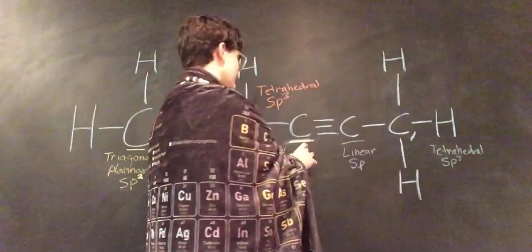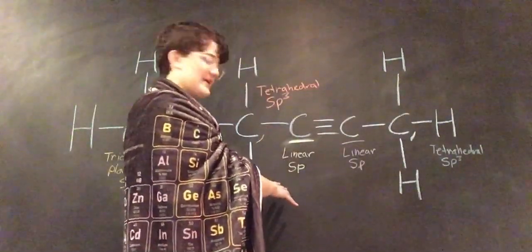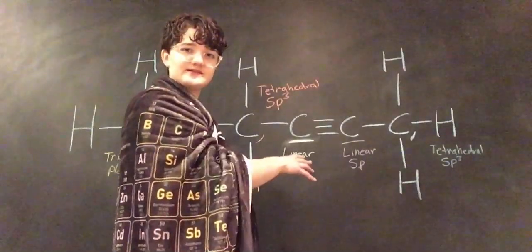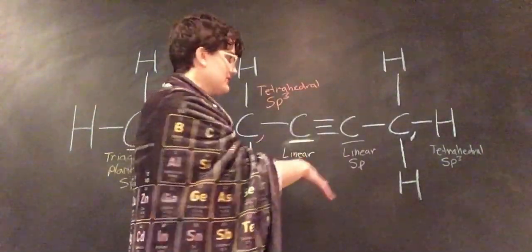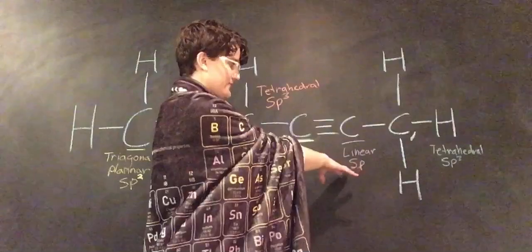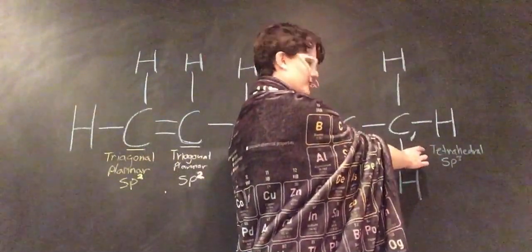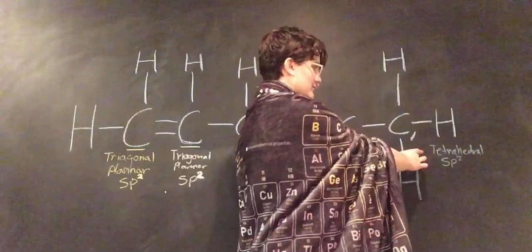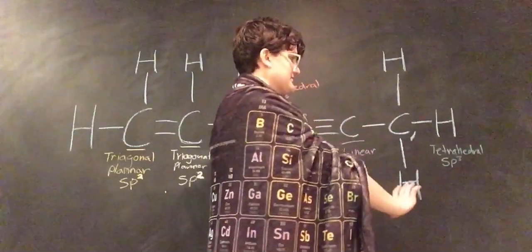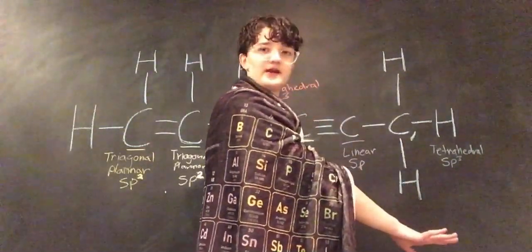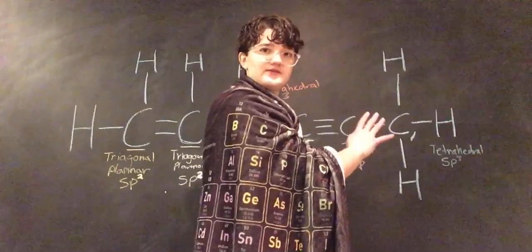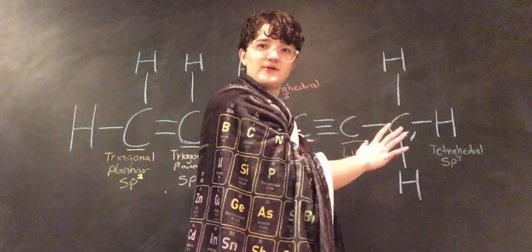Our fourth carbon is an sp hybridization, as it is a linear electron domain, and then the same with the fifth one, also being an sp hybridization. And then the sixth and final carbon is an sp3 hybridization because of its tetrahedral electron domain. And that about sums up hybrid orbitals.